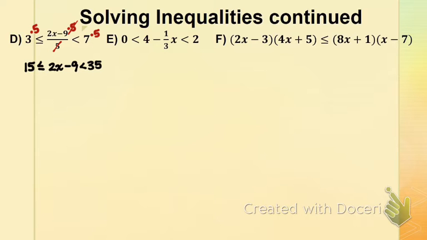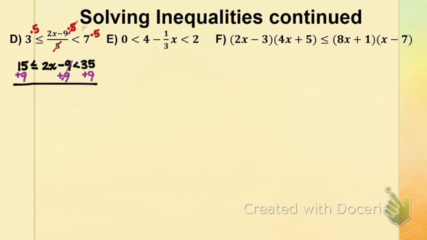What should we do after that? Add 9 to both sides. Or all sides, I guess I should say. So I'm going to add 9, add 9, add 9.